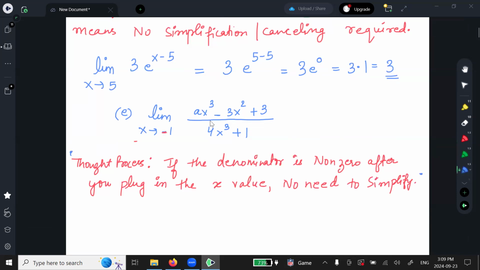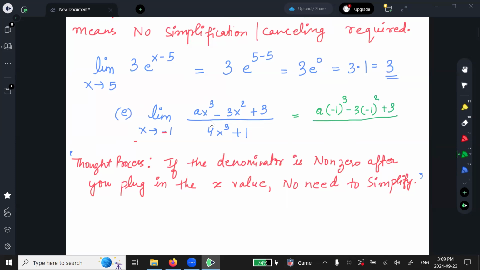Okay. So just do a quick math in your brain. If I plug in -1, I cube it, it will be 4 times -1, which is -4. So the bottom is not 0, right? So I'm good here. I'll just plug in the number. So what is the limit? Just plug in -1 in place of x.